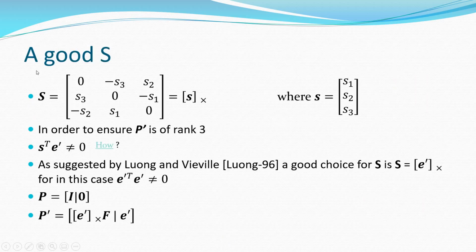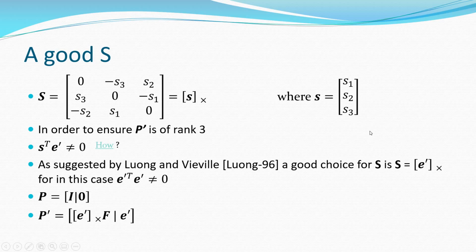Now, what can be a good S? As suggested by Long and Weevil, a good choice for S, this skew symmetric matrix, is nothing but the epipole itself. So you can just make this e vector as e1, e2, e3.